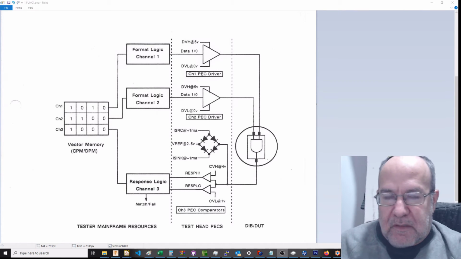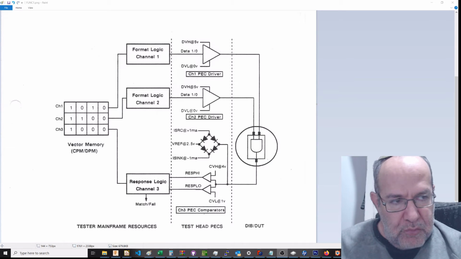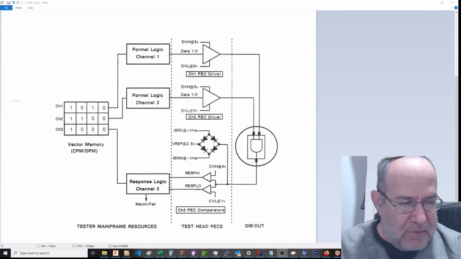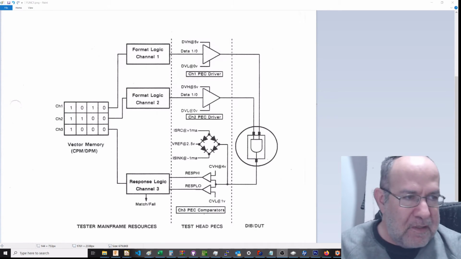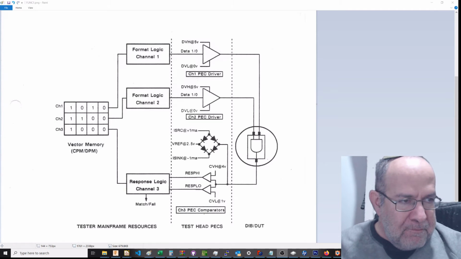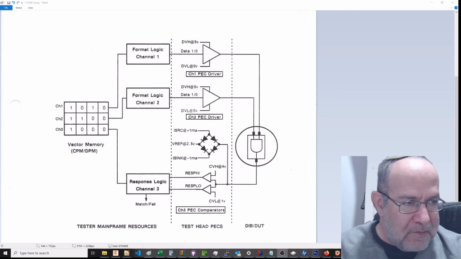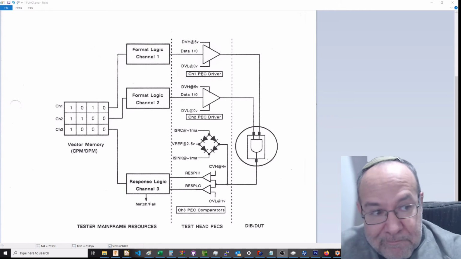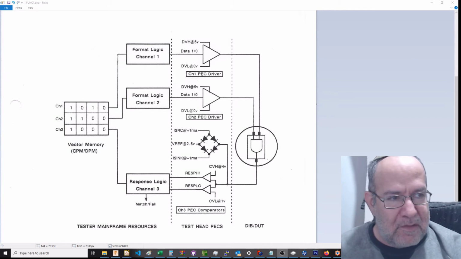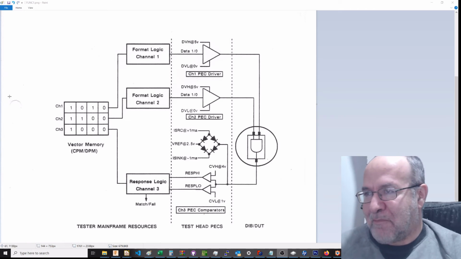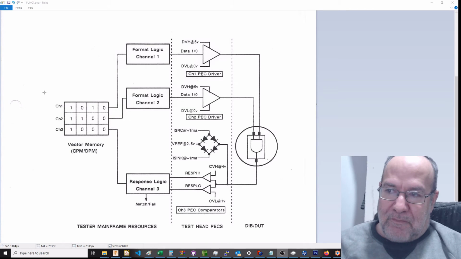I'm now gonna walk you through a functional test of a simple 2-input AND gate. 7400 or something like that. I think an AND gate is 7408. Many years since I touched that. Okay.